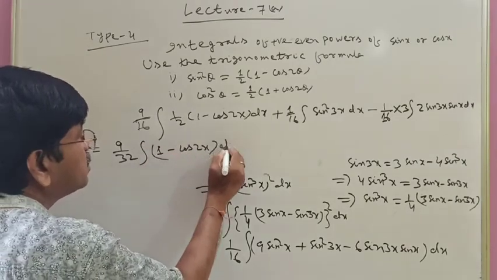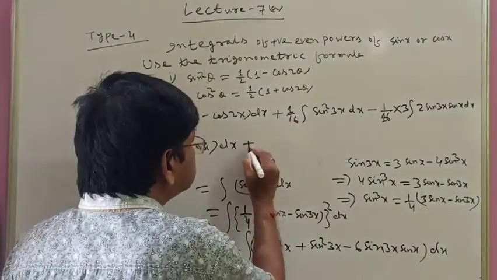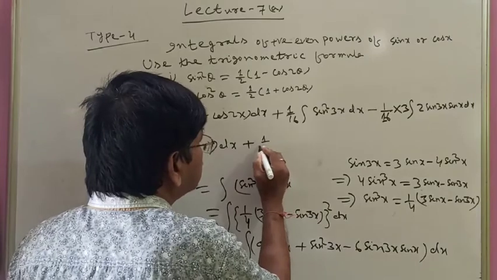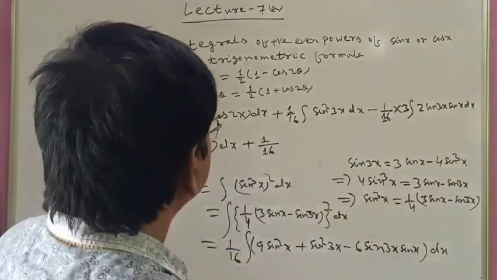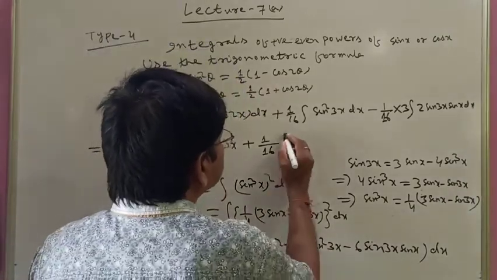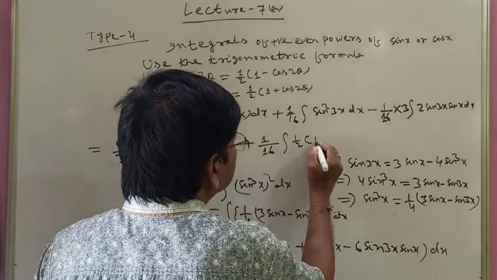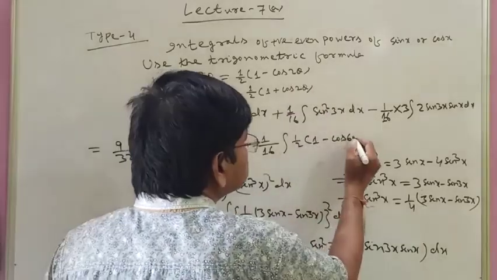Then the integration of this, so it is 1 by 16 into integration of sin square 3x. Use this formula: you know sin square theta is half into 1 minus cos 2 theta, so it will be integration of half into 1 minus cos 2 theta, where 2 theta means 2 into 3x, that is 6x.